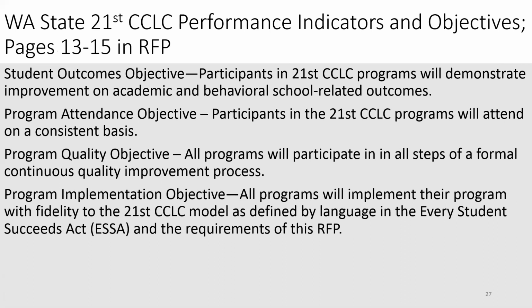But we have, through consultation with an evaluation advisory committee that we have for the 21st CCLC program, enhanced and expanded a draft of our performance indicators over the last few years.